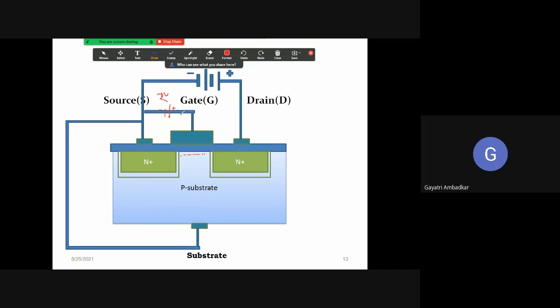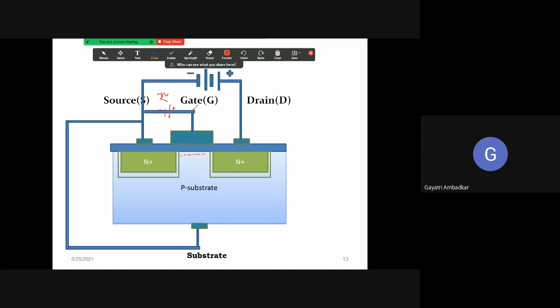When I have increased the gate voltage, what will happen to the width of the channel which is getting established here? Are you listening, everybody? Rishikesh? Now tell me, when the gate is more positive, will it attract fewer electrons or more electrons?